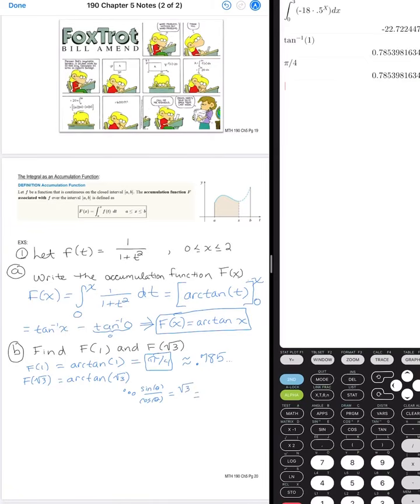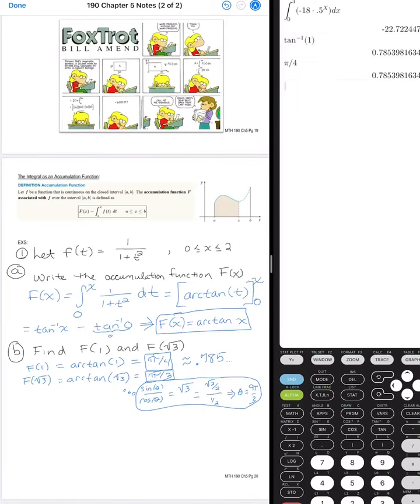If we think about our unit circle, if I had square root of 3 over 2 divided by 1/2, that would equal the square root of 3. So sine is square root of 3 over 2 and cosine is 1/2, and that tells me this occurs at pi over 3. So our result here is going to be pi over 3.